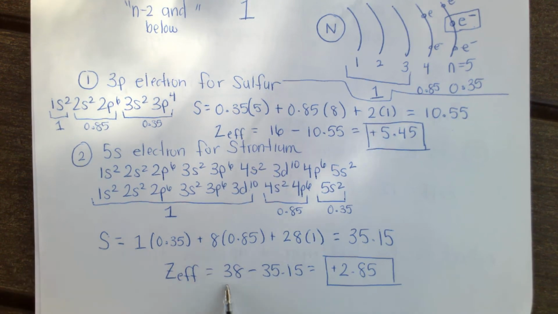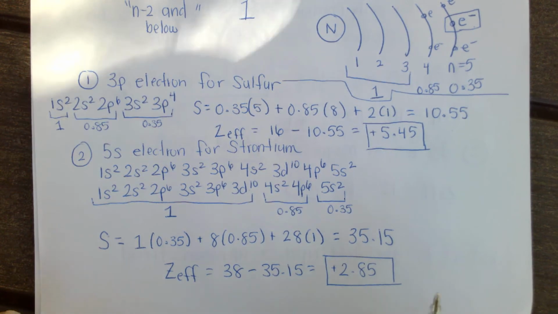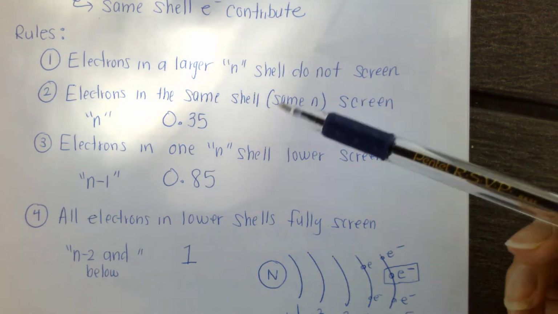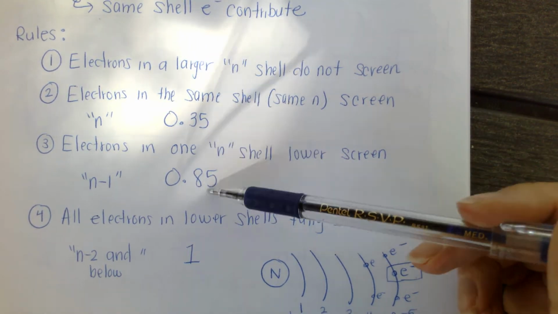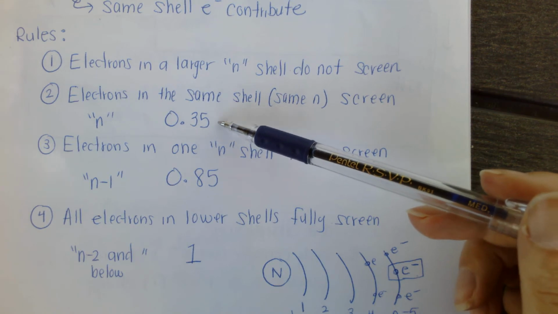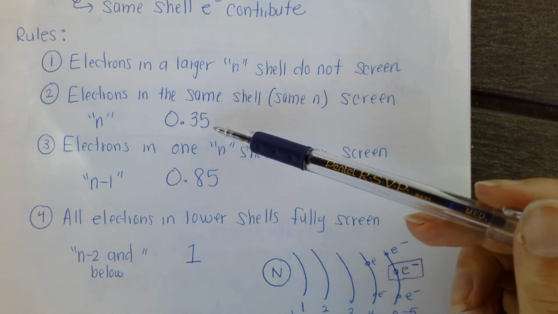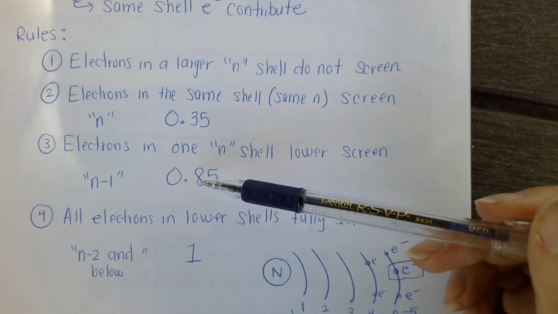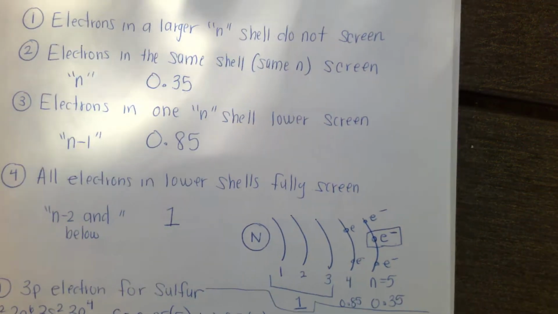So it's not feeling a plus 38, only really feeling something like a plus 2.85. Okay, so that is how Slater's rule works. Again, we're just putting into play that we do have slight screening in the same shell and increased screening as we move away from the shell that we're in.